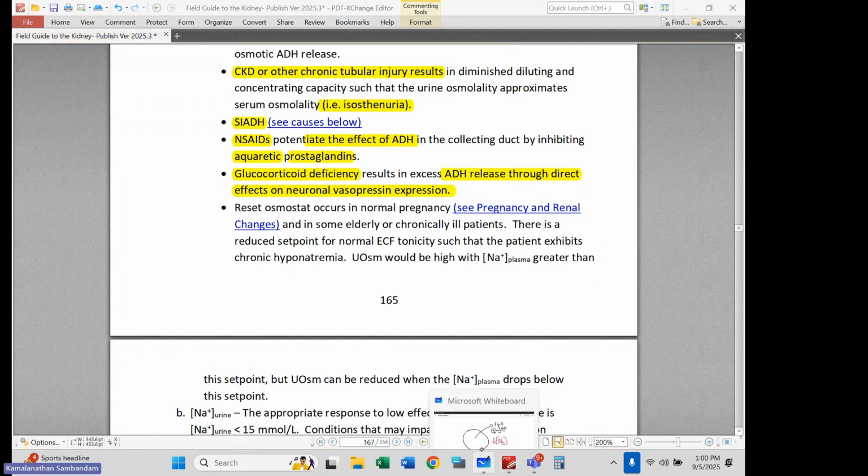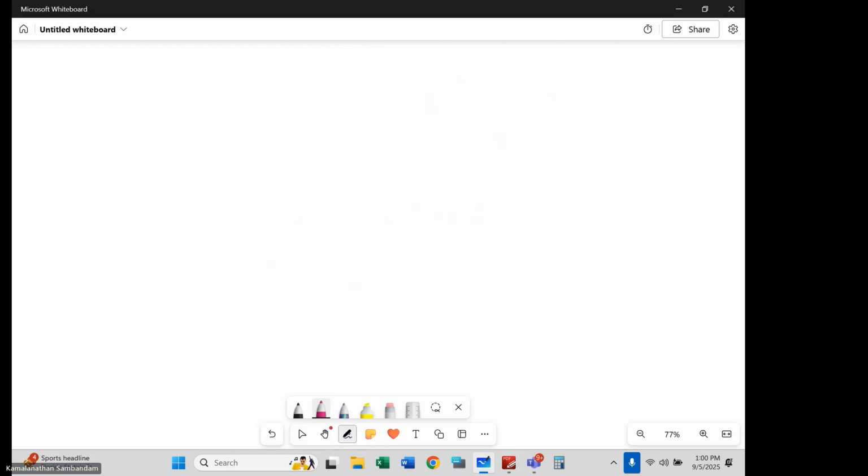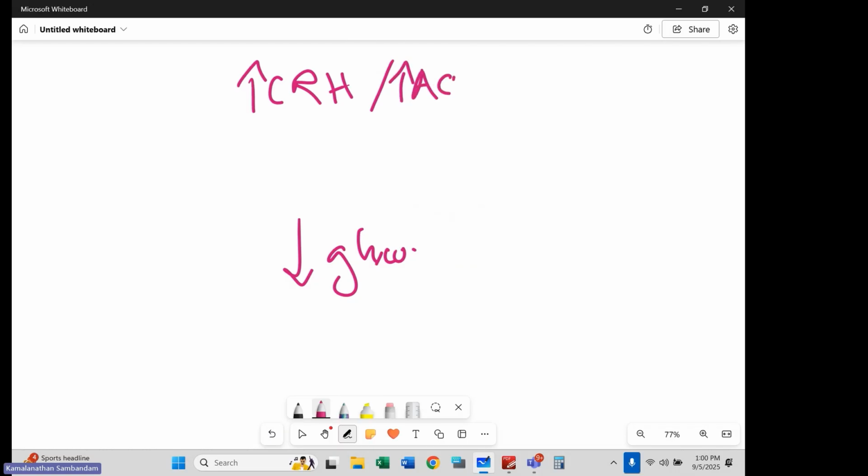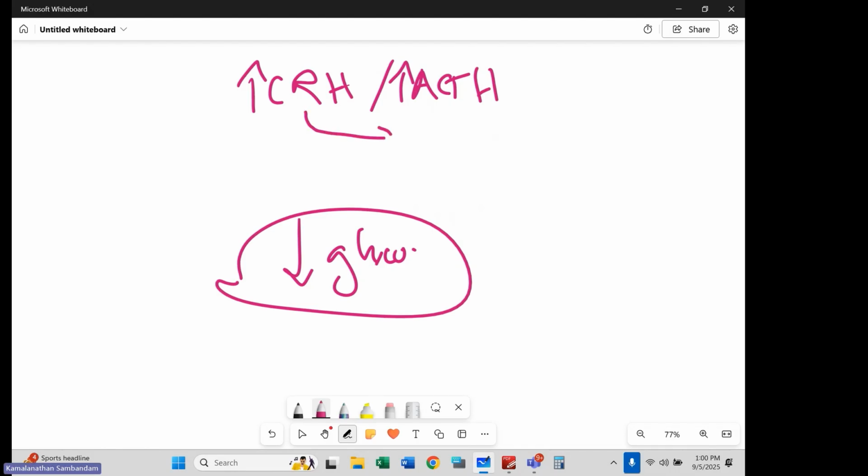Remember, if I have low glucocorticoids, then I have high corticotropin releasing hormone, which is stimulating ACTH. Remember that? That's the response to low glucocorticoids. Corticotropin releasing hormone also has some regulation of vasopressin as well.